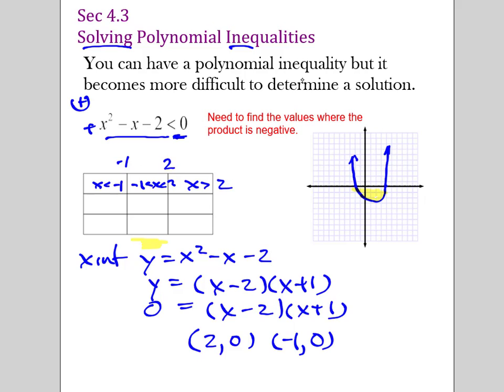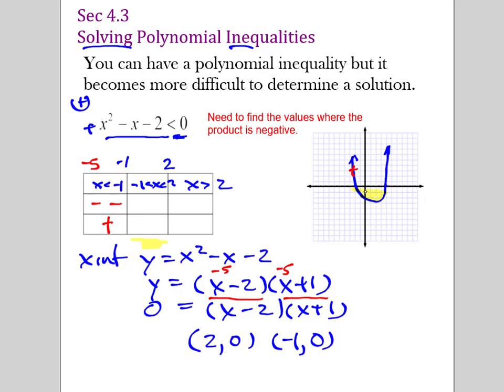So if we look at our binomials that are multiplied here, if we choose a value for x that is less than -1, let's say -5, both brackets are negative. A negative times a negative gives me a positive, which shouldn't be a big surprise.